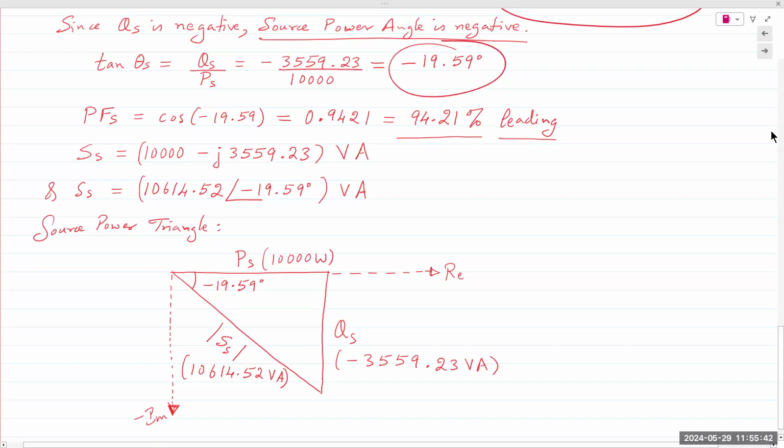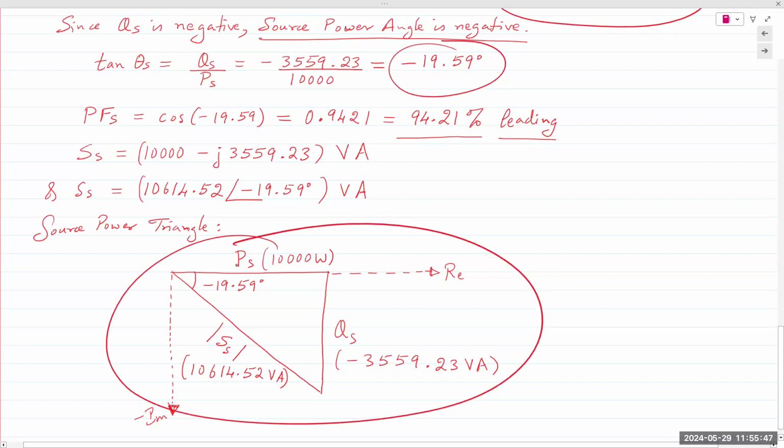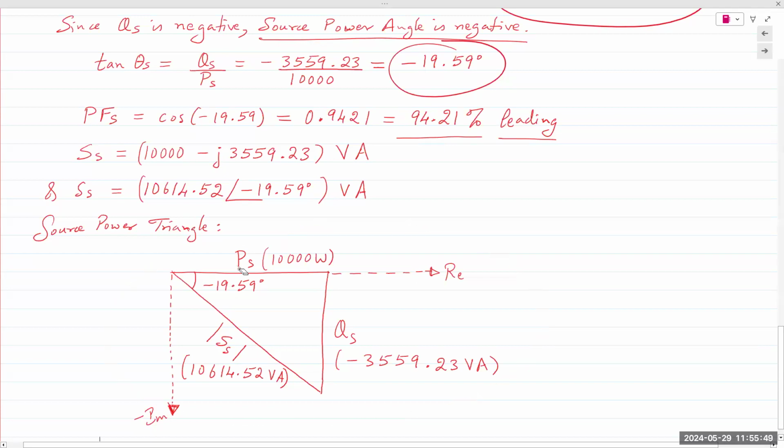So then, based on the values of P, Q, and S, you can draw the power triangle for the source. Remember, right-angle triangles are trigonometric identities. You don't have to memorize everything, as long as you understand the approach. The equations, I get it.